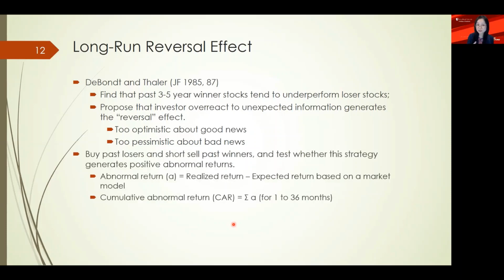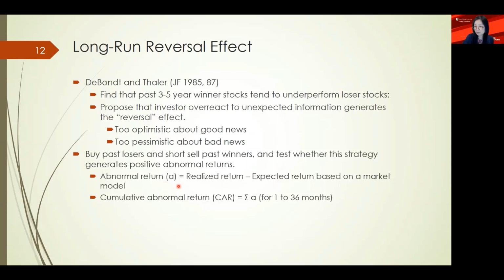So how do they actually show this in empirical research? This is something we call the CAR measure, the cumulative abnormal return. We have learned the abnormal return alpha, Jensen's alpha.